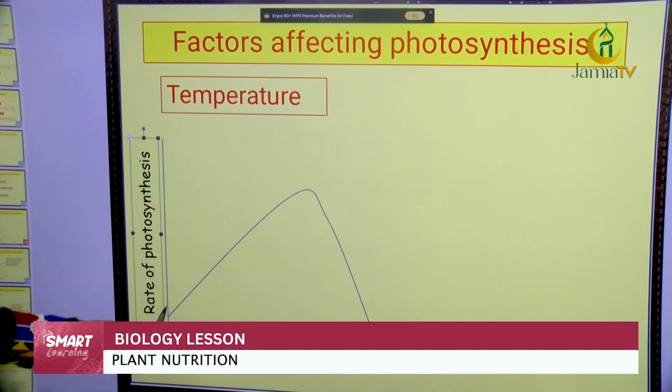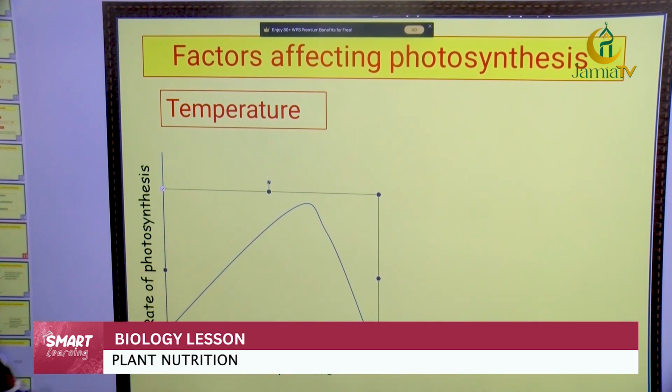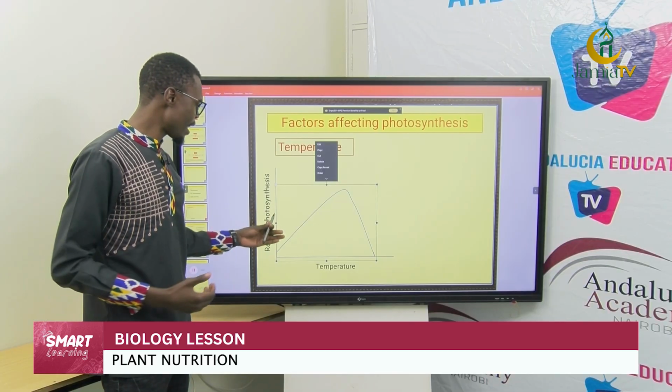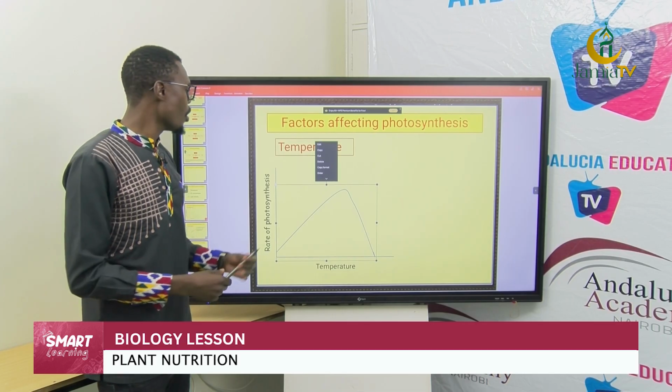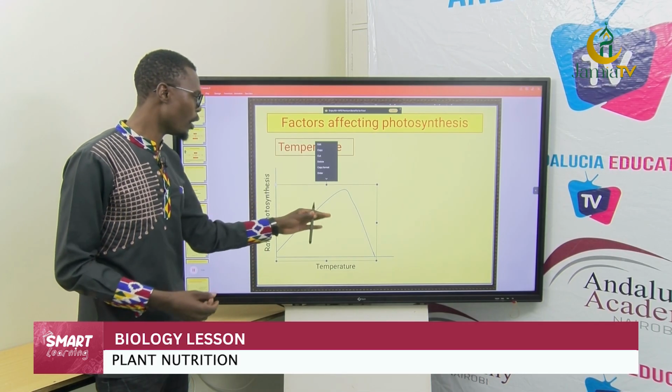At 0, you realize that the rate of photosynthesis is low. I've just explained the effect of temperature. Temperature increases the kinetic energy of the molecules. So if it is low, the kinetic energy of the molecules is also quite low. Therefore, the rate of photosynthesis will be low.